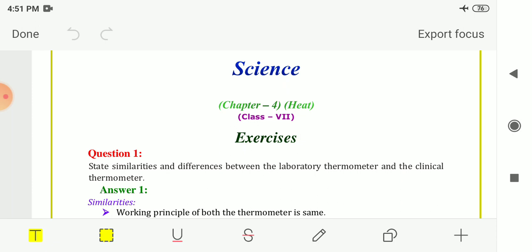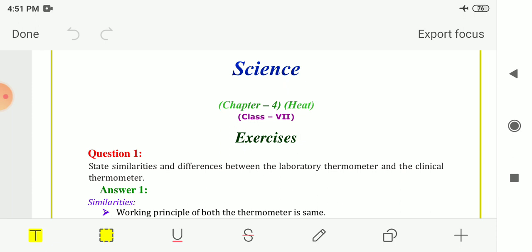Then we had seen about good conductors and poor conductors. Substances through which conduction of heat takes place easily are called the good conductors of heat, and examples of this kind of substance are metals like copper, silver, aluminium, iron, etc. Then we had seen poor conductors of heat, or you can say insulators.